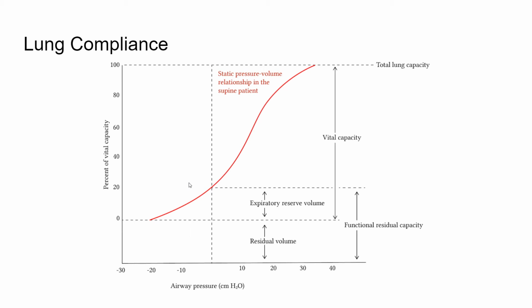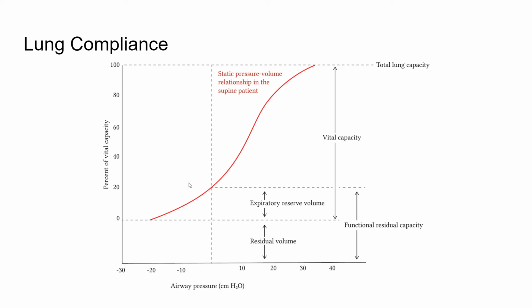And so if you want to think of it as your lungs' ability to stretch, that's another way of thinking about it. Normally, lung compliance is really high because the lung is a very distensible structure, very stretchy. Think of it as like a sponge, more so than like a bag. It's like a sponge that has all of this surface area, and it is able to expand and then go back to its original volume very easily.